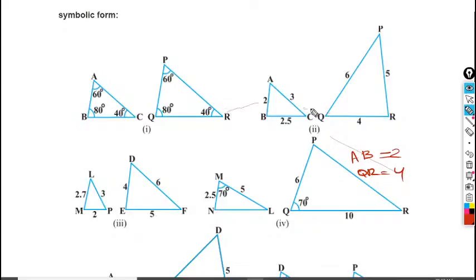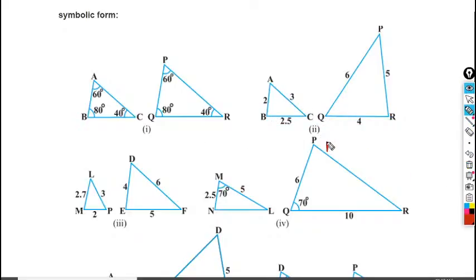Similarly, AC equal to 3 and PQ equal to 6, and BC equal to 2.5 and PR equal to 5. Therefore, you can write, one second, I'll delete all these things.